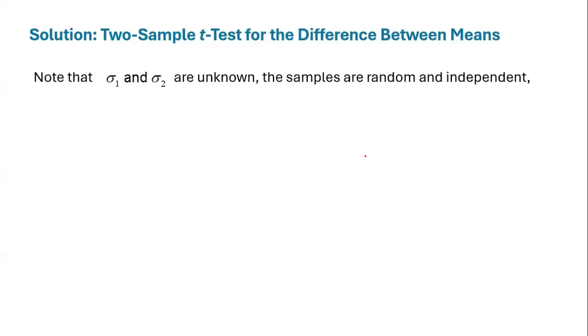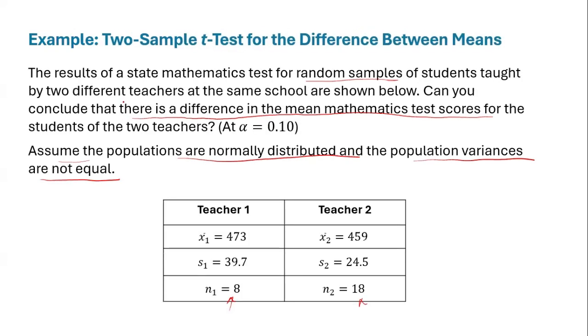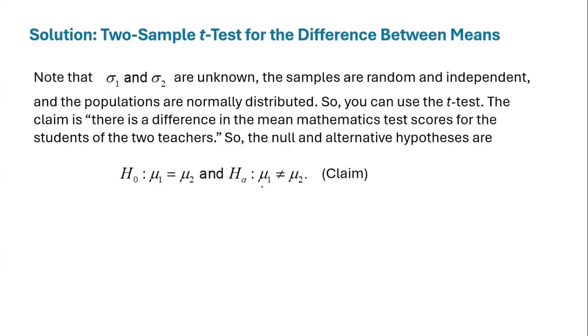Since the problem says that there is a difference, the claim says that there is a difference in the mean, that means mu1 and mu2 must not be equal. So mu1 not equal to mu2 always goes for the alternative, and that's the claim. And if the alternative is not equal to, it means that the null must be equal to. Okay, now I am done with the null and alternative hypothesis.